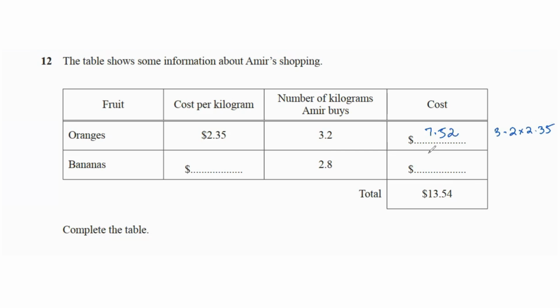So 13.54 minus 7.52, which is 6.02. To find the cost per kilogram, we're going to divide 6.02 by 2.8, which is 2.15.